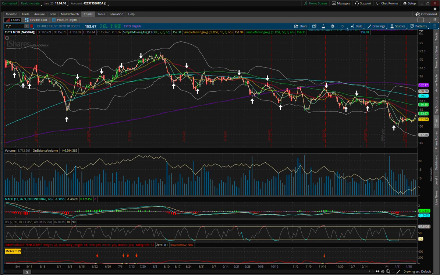Computers can do a lot if they have inputs. So a lot of times these codes and algorithms will use moving averages such as these as points to decide when to buy and sell. And so that's why you'll see a lot of action around a moving average.